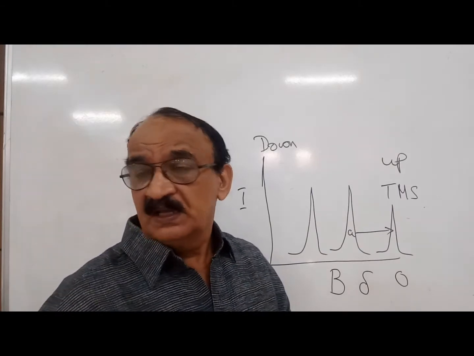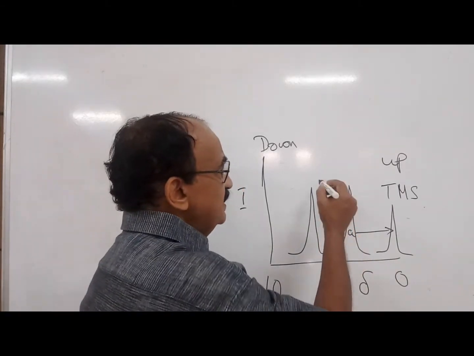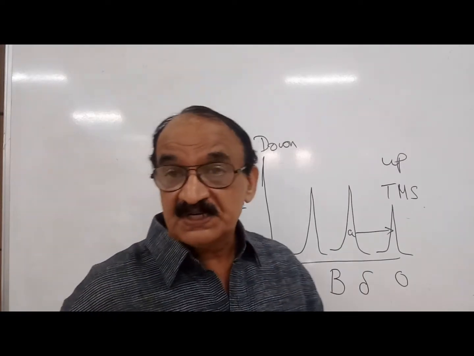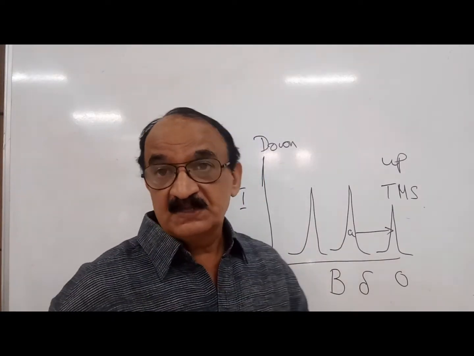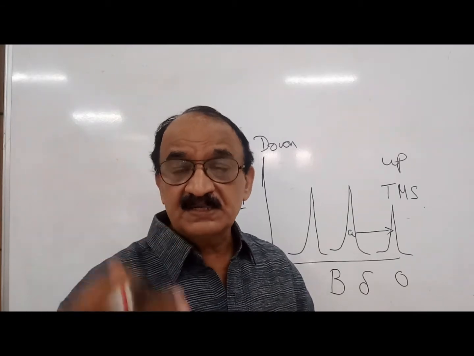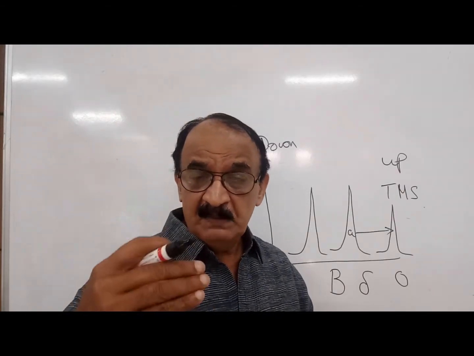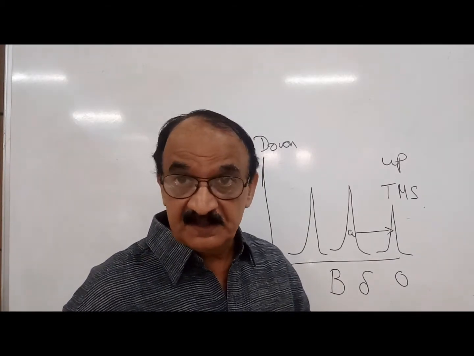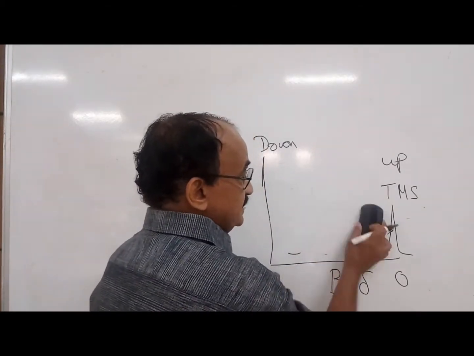I told you, in the low resolution we are getting a broad signal like that left to the TMS. But when you take the NMR spectrum in a higher resolution or higher applied magnetic field, see the difference?